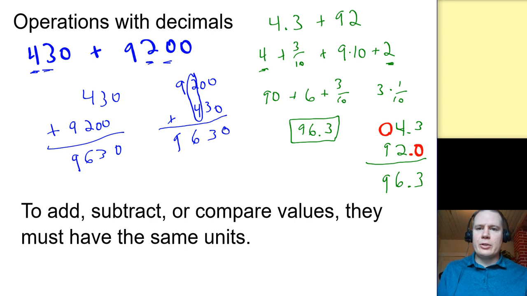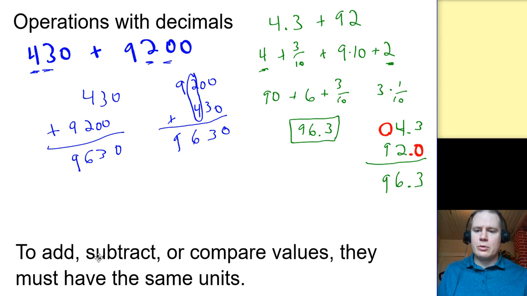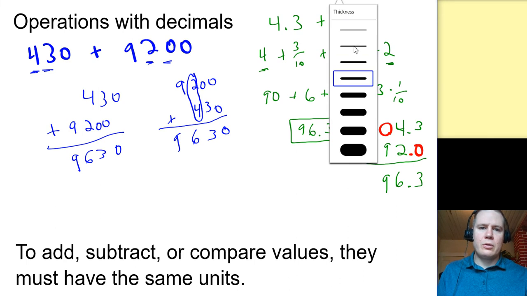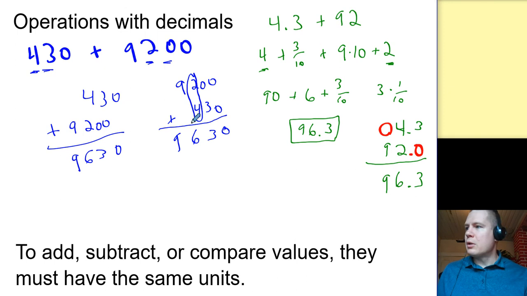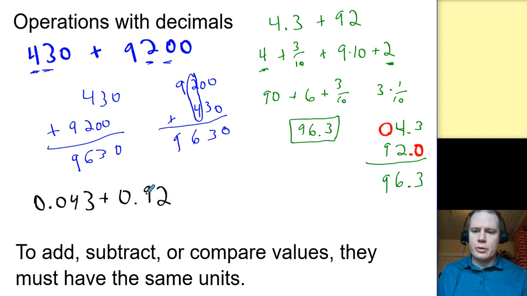So our last example of addition. Let's pick a new color here. Let's say 0.043 and 0.92. So 0.043, that's tenths, hundredths, thousandths.